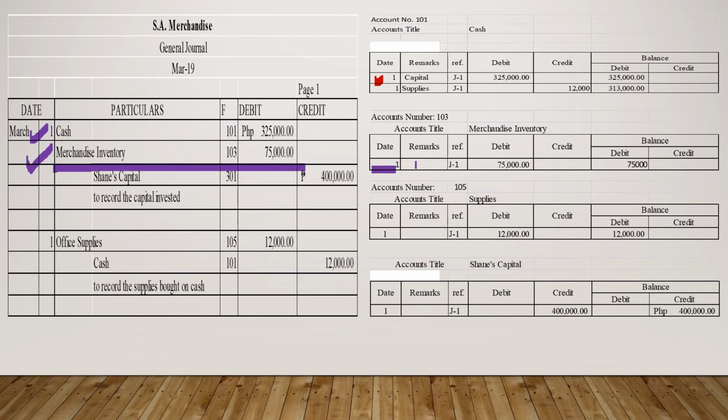Ang remarks, hindi ko na siya nilagyan, pwedeng meron, pwedeng wala. So we have General Journal 1 kasi siya ay galing sa page 1. We have debit amount of 75,000. So kaya ang kanyang balances is nasa debit din. We have 75,000 pesos.